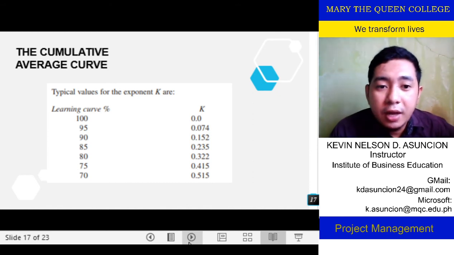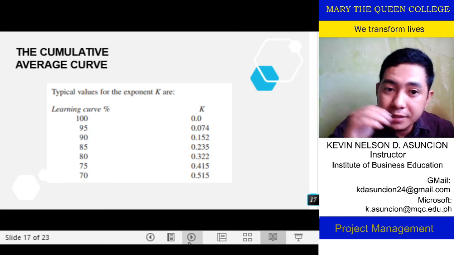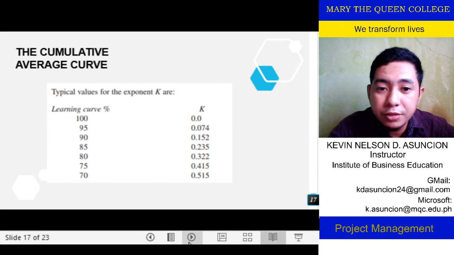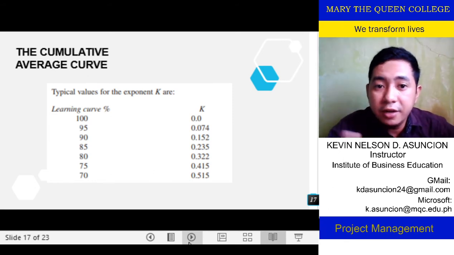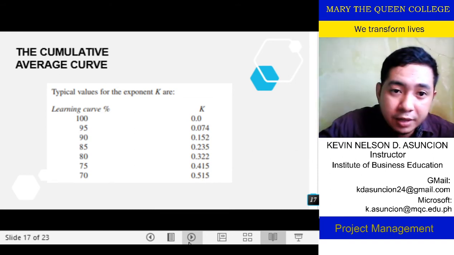So ngayon, habang pababa meron siyang substitute value. So kapag 95% ang learning curve ninyo, no? So it's equivalent to 0.074, 90 so, 0.152. So these are the variances, no, ng exponent k dun sa cumulative average.